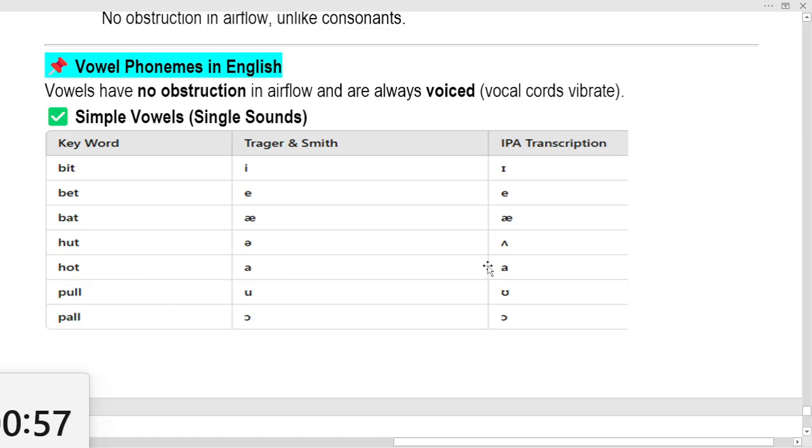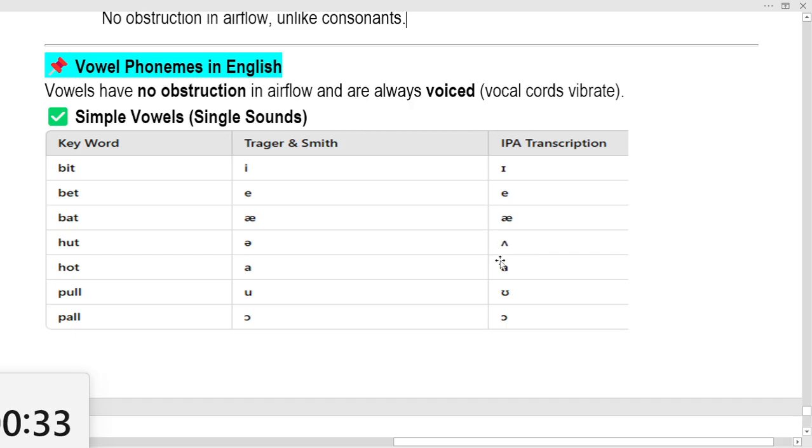Diba? So, ang ipo-focus nyo lang talaga sa Trager and Smith, the pronunciation, i-familiarize nyo yan, and yung IPA, iba yung symbol na ginagamit nila. So, you just have to familiarize, walang problema tayo.